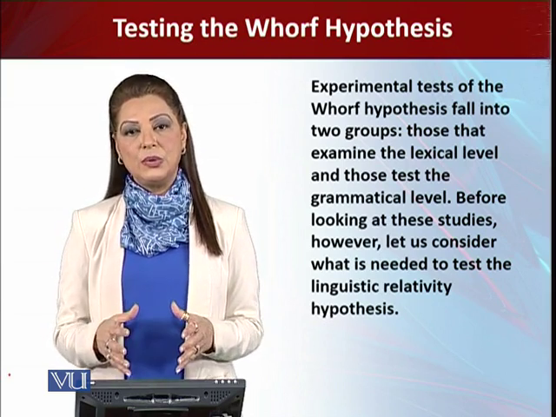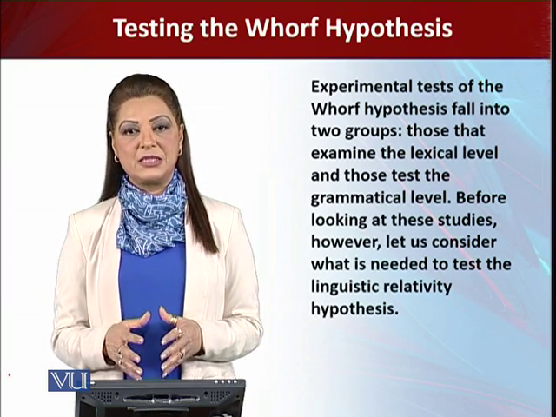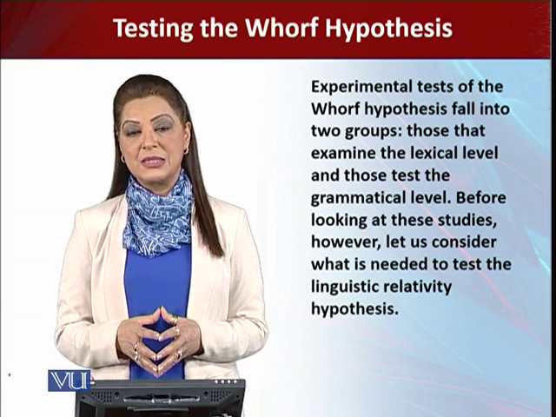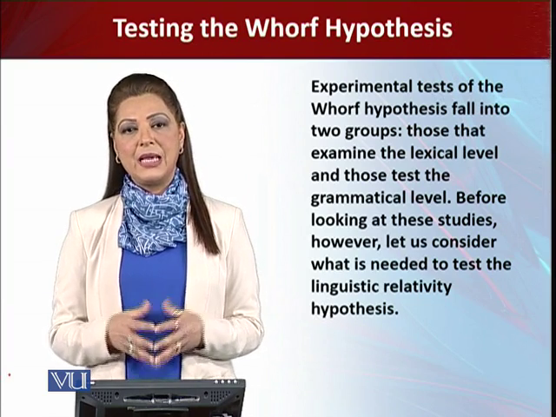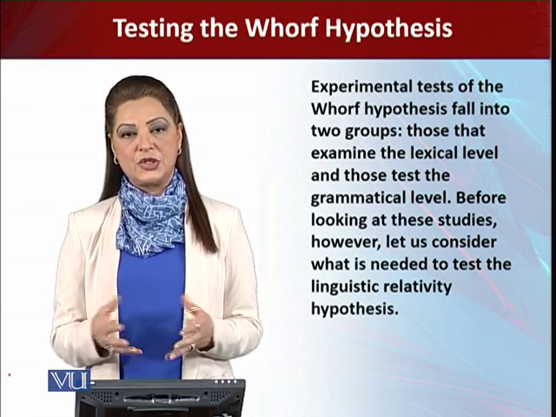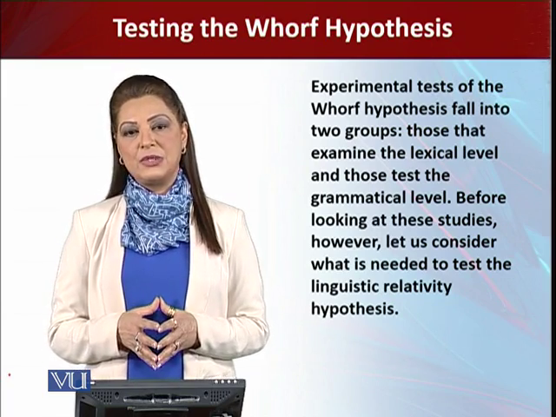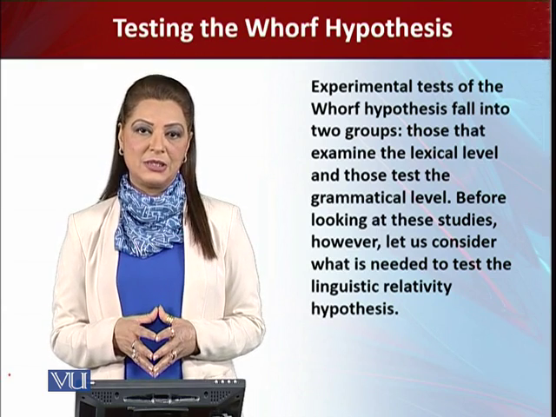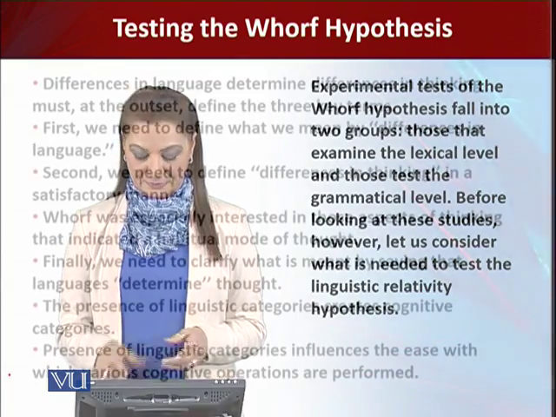There are other things that also come under test with regard to this hypothesis. They concern color terms, counting numbers, and other objects such as space, time, grammar, etc. So now let's see what type of studies have been conducted in order to test this particular hypothesis.